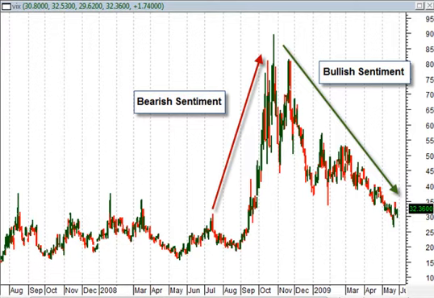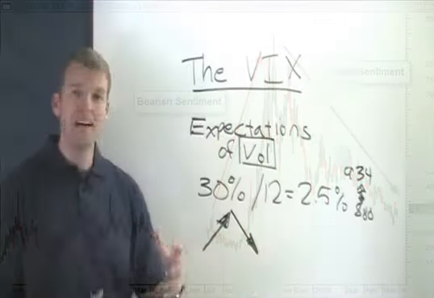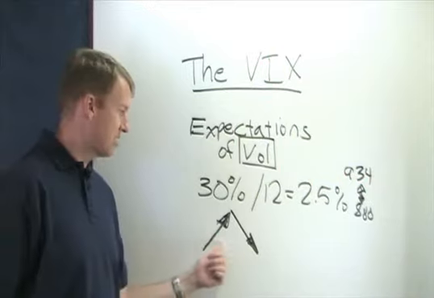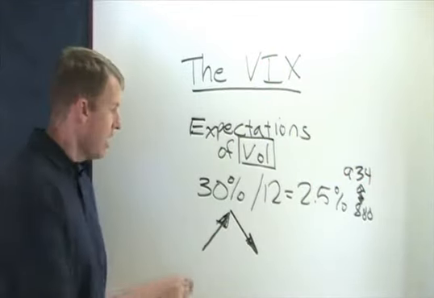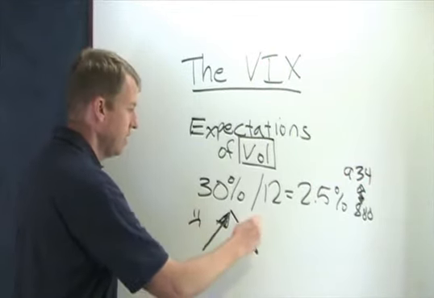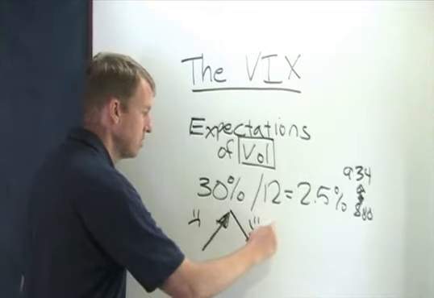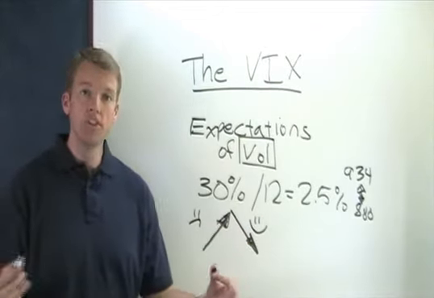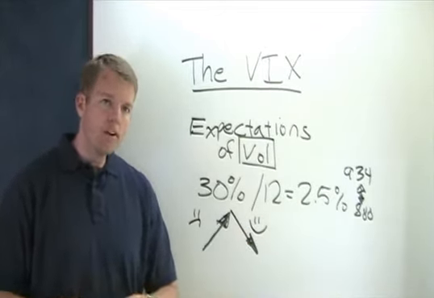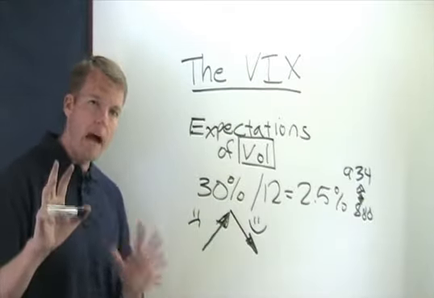So we've had this nice little uptrend, and we can kind of see how volatility works. It tends to be under more control when the market's going up, and out of control when the market's going down. And that's why a rising VIX is usually considered bearish, and a falling VIX is usually considered bullish and a good thing.